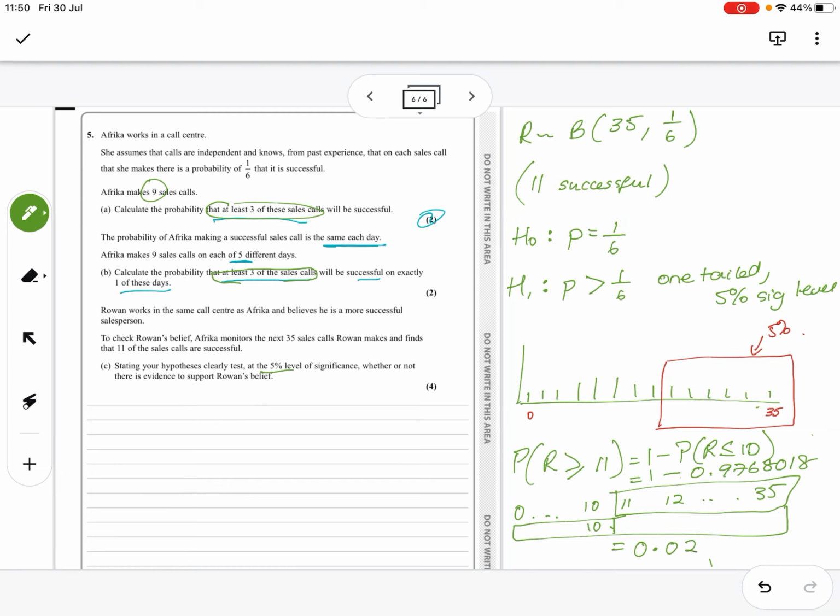you've got to add up. So that's going to be 0.023198 or 2 to finish. So that is only 2.3%. So 11 is in here somewhere, and that area is only 2.3%.